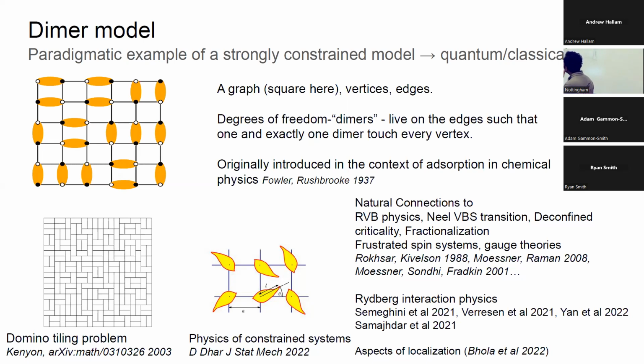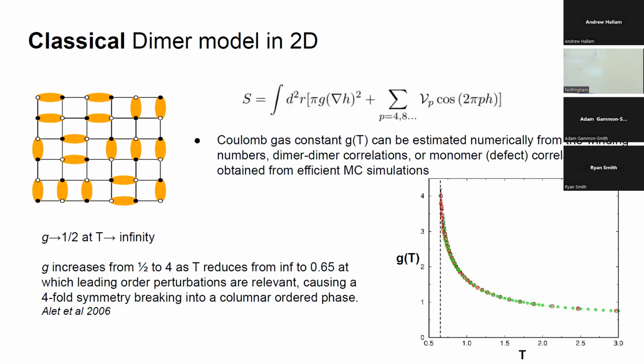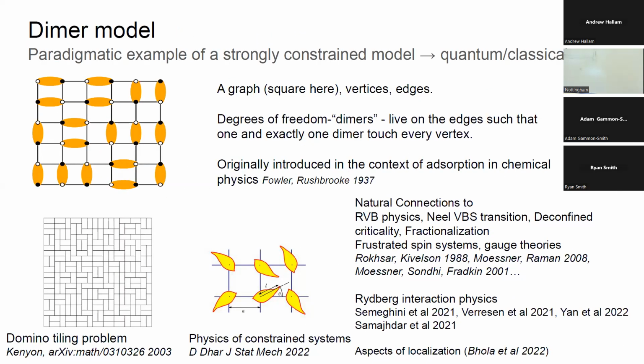It was originally introduced to make an effective description of some physics in chemical systems. But since then it has been studied in various other contexts, particularly in the probabilistic combinatorics community in the form of the domino tiling problem.